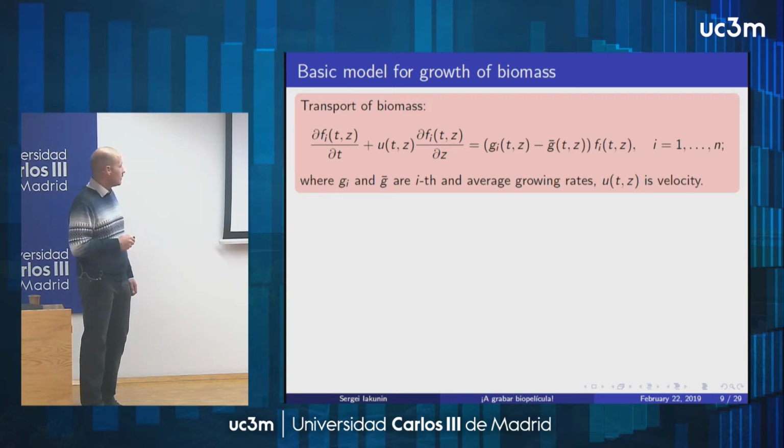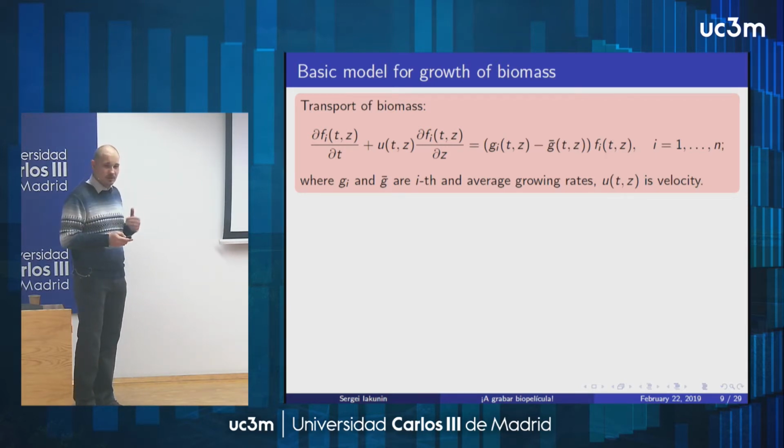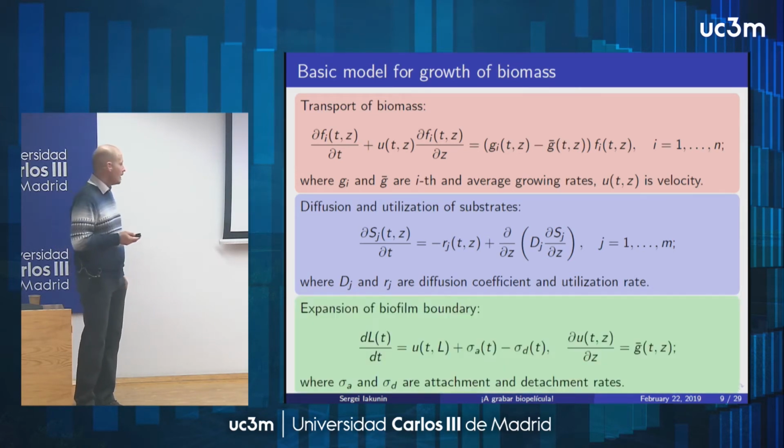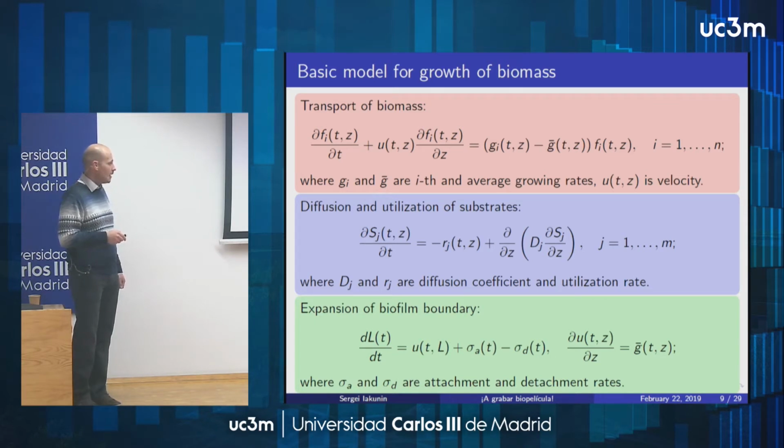And also we have additional terms which represent emergence of bacteria due to internal flow in the biofilm. The second part is diffusion of substrates. So we have the usual diffusion equation for substrates, but we have an additional term which represents utilization of the substrate by bacteria. And the last part is equations for the boundary of biofilm.